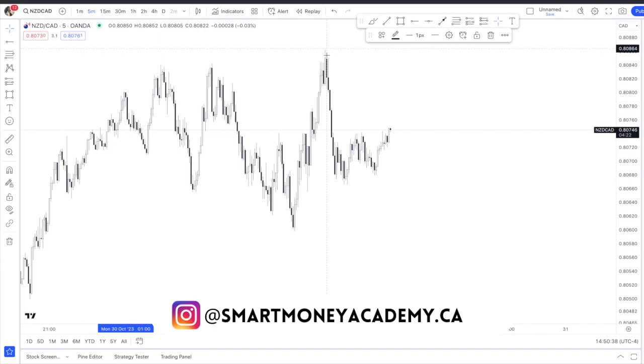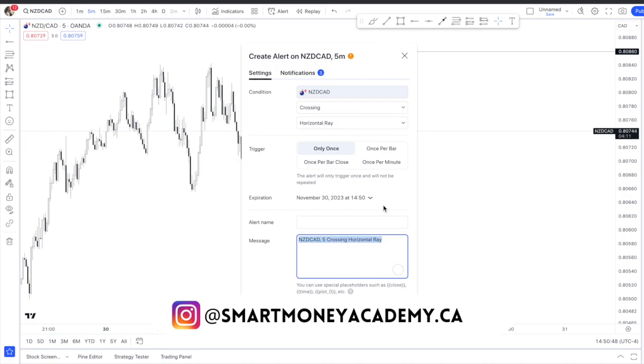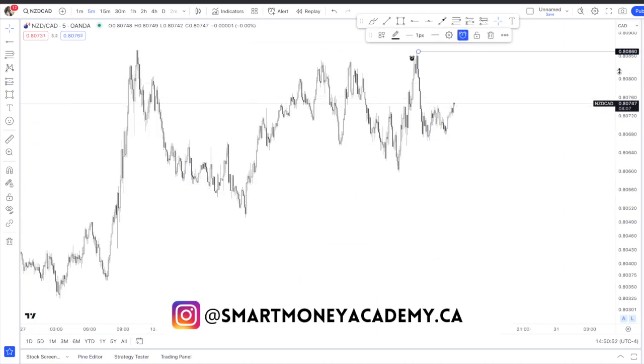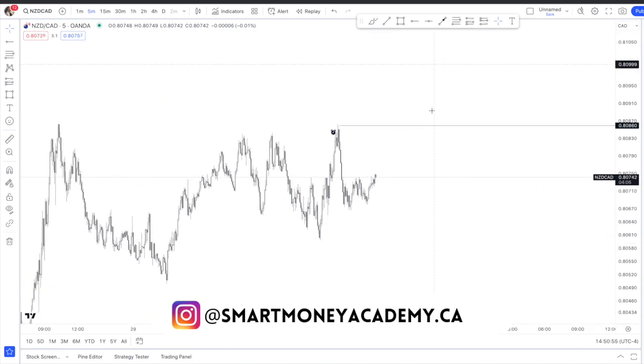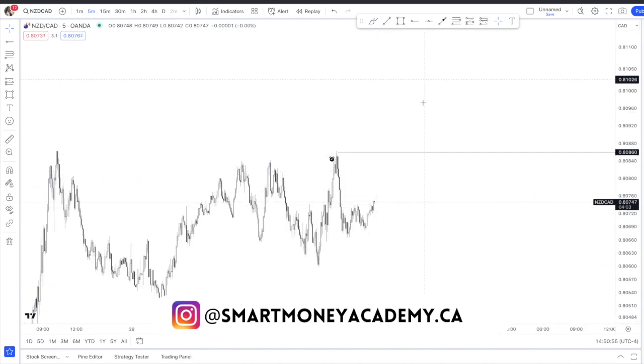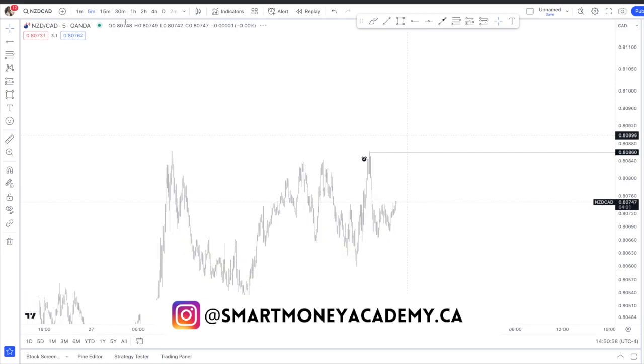Sign of strength is weak. That's super weak. So for this to be an entry, I would still look for a sign of strength. Now, I didn't put an alert on the other one, because technically, if this doesn't work out, I'm just going to move this up. But that's what I'd be looking for, reaccumulation.